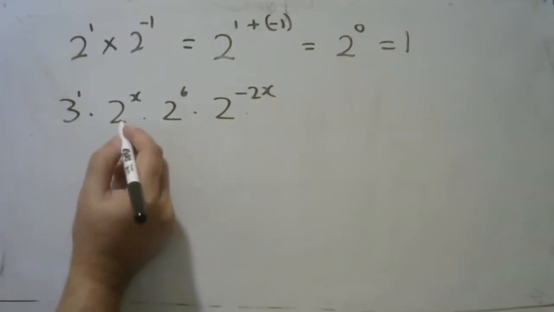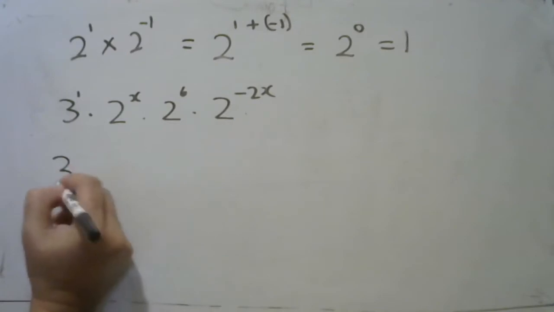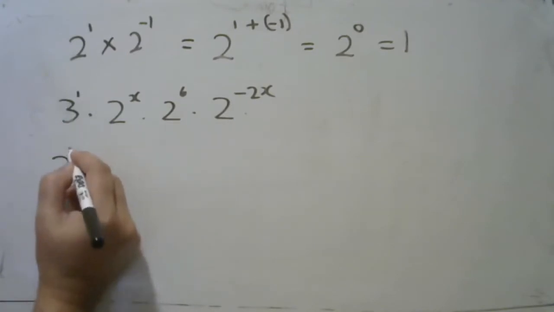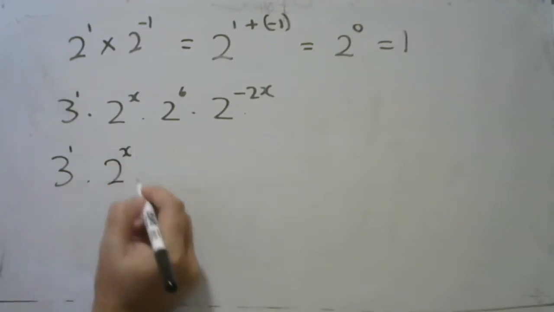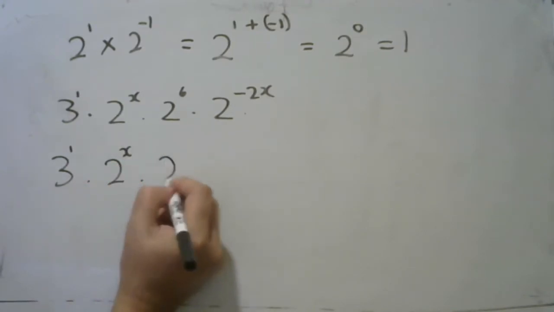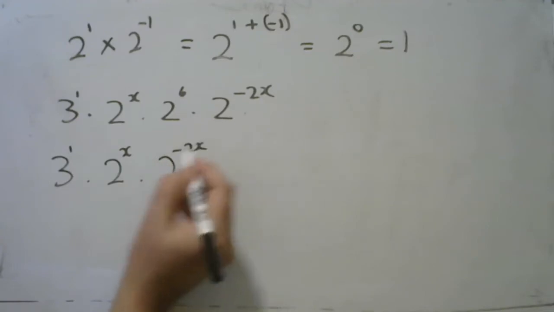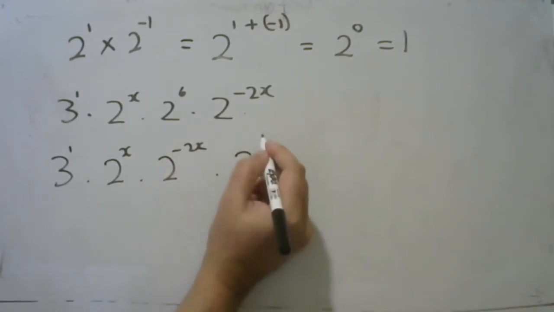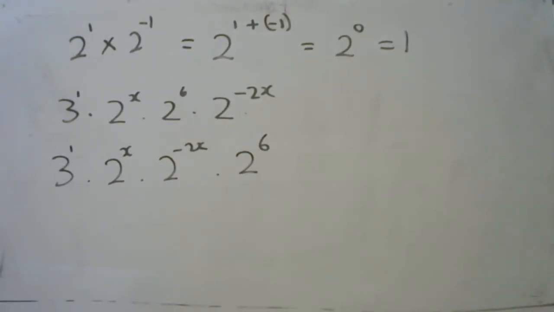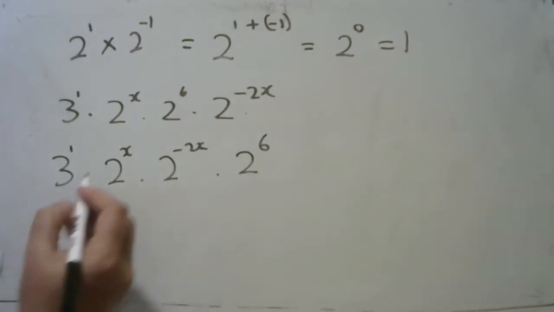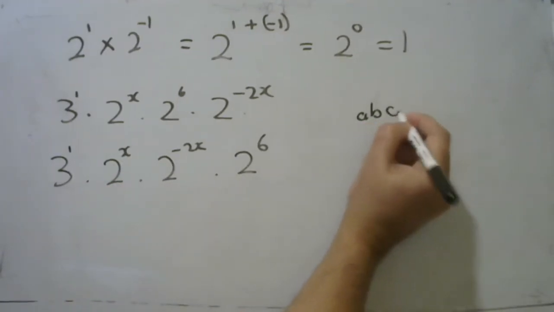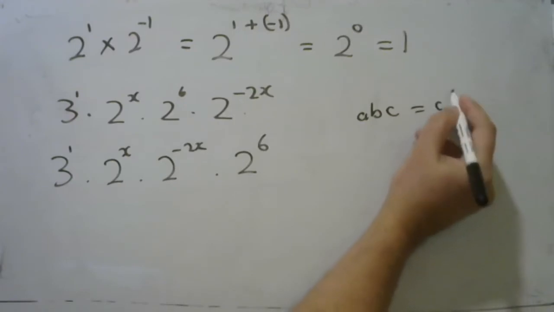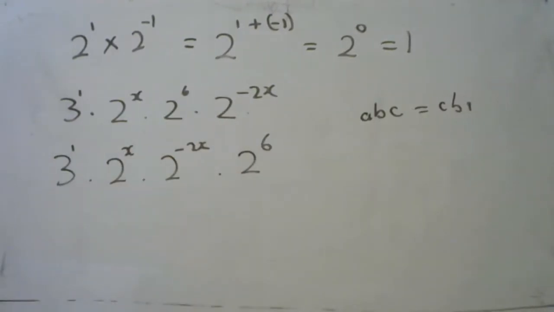Now, here, we can say 3 to the 1 times 2 to the x times 2 to the minus 2x times 2 to the 6. Now, it doesn't matter if I write A, B, C, same as C, B, A. So in what order I write them here?